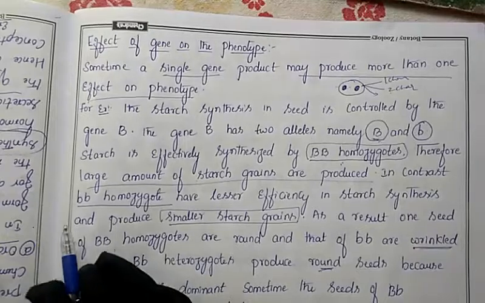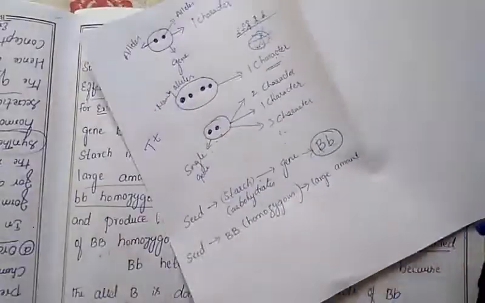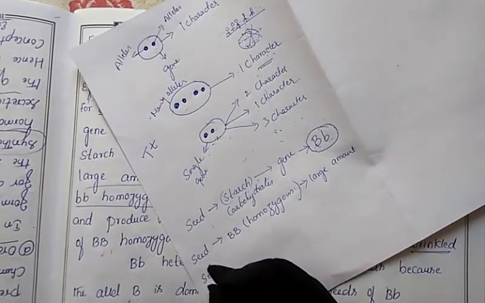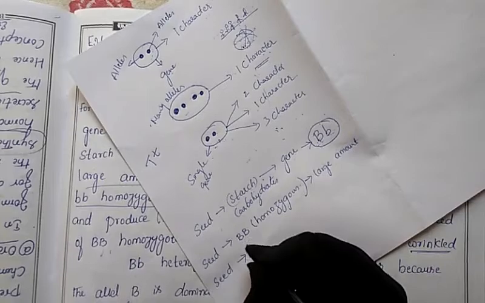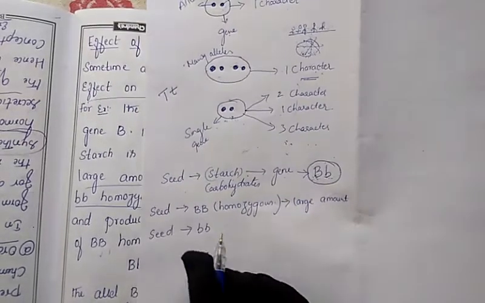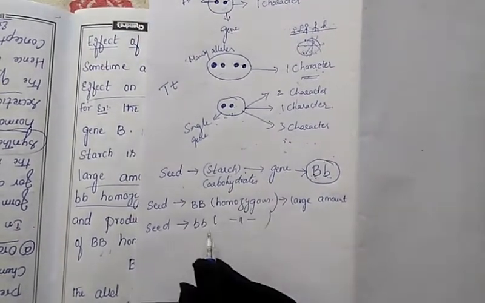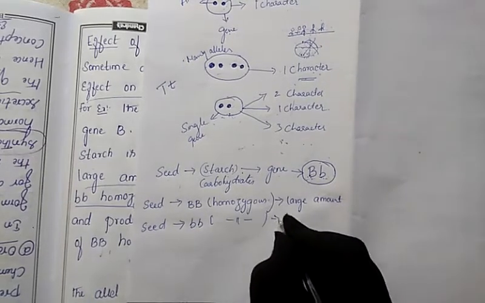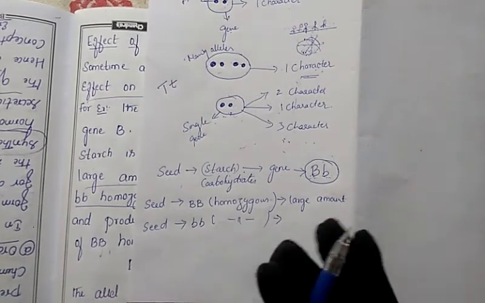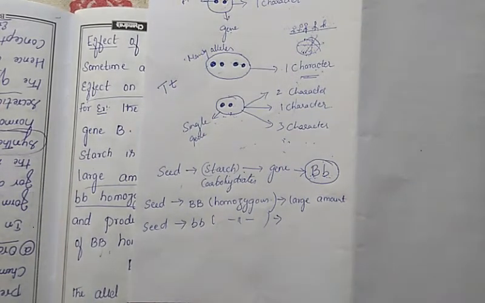In contrast, suppose the seeds have small b alleles. This is also a homozygous condition because both are the same. But in this case, a large amount of starch synthesis will not be present in the seed.